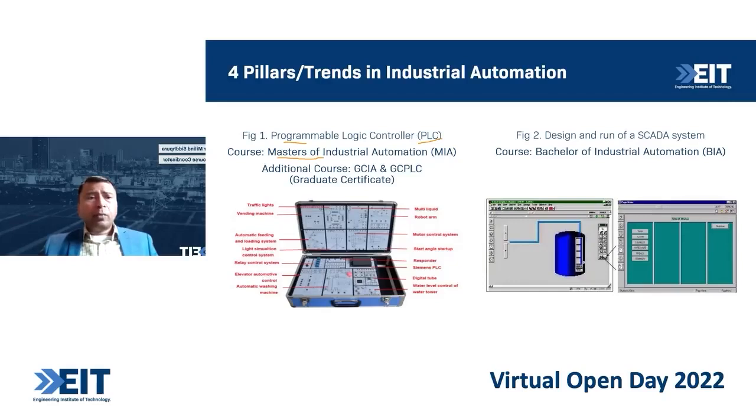There are some additional smaller courses called graduate certificates, so a graduate certificate in industrial automation and a graduate certificate in PLC. They cover PLC, how to write the code, ladder logic, and then you can control and you can build the circuits without needing any physical electrical circuits. And you can have a number of logics employed in your control system.